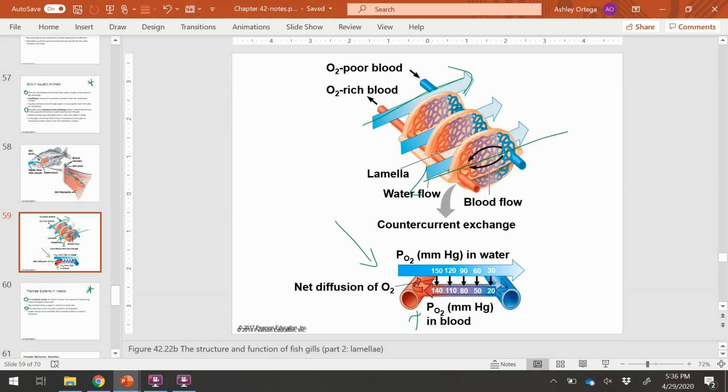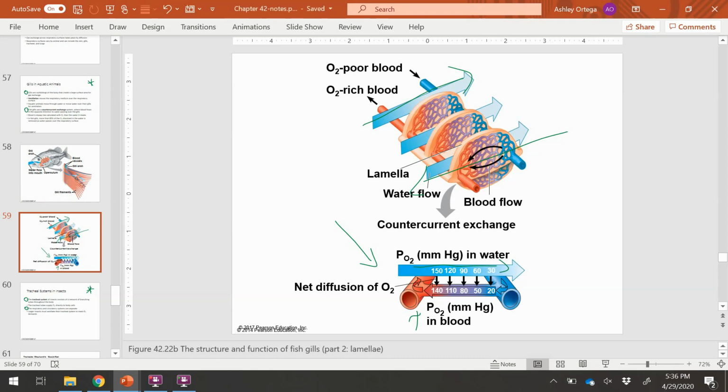So 150 is still going to allow oxygen to move from the water to the blood, as the oxygen will move from where there's a higher pressure to where there's a lower pressure. And as you move across in terms of water flow direction, the oxygen percentage goes down as it's continually moving into the blood vessel here. And so looking at the end there, it's getting the maximum amount of oxygen that it can.